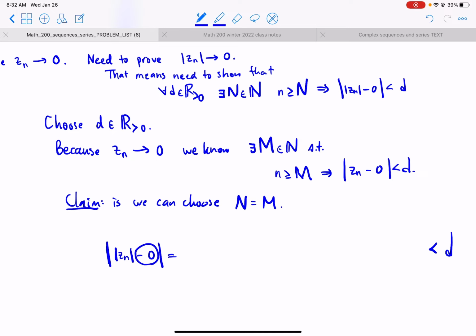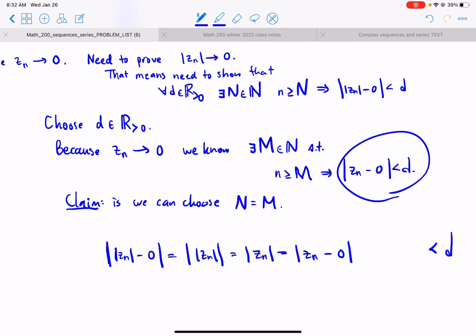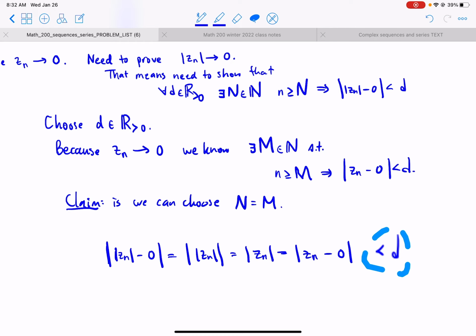Okay, well, subtracting 0 is just going to leave exactly z sub n. Now the size of z sub n is just the size of z sub n. And then I can subtract 0 without changing the thing inside there. When you subtract 0 from something, you don't do anything to it. And now I'm done, because I know this thing is less than d. As needed.